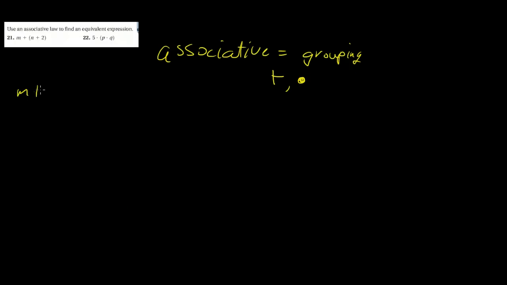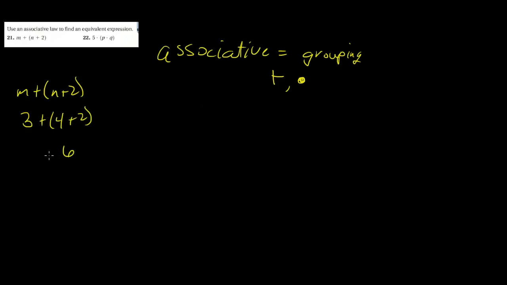Let's take a look at the associative law. Associative has to do with grouping. Again, for addition and for multiplication, it doesn't matter which we do first. We can do m plus the quantity n plus 2. So let's say 3 plus the quantity 4 plus 2.